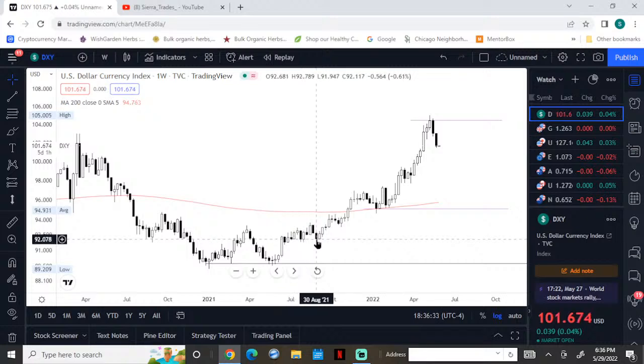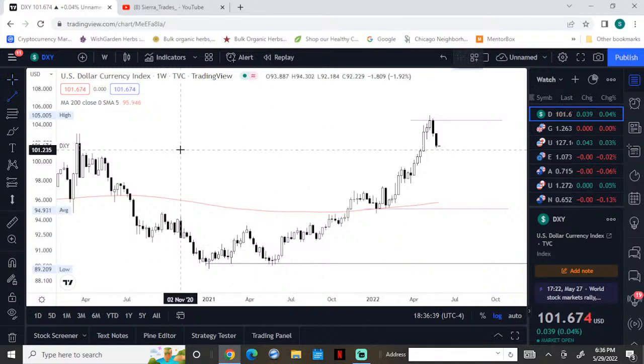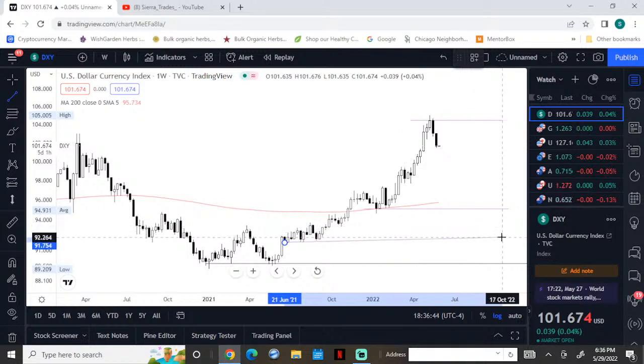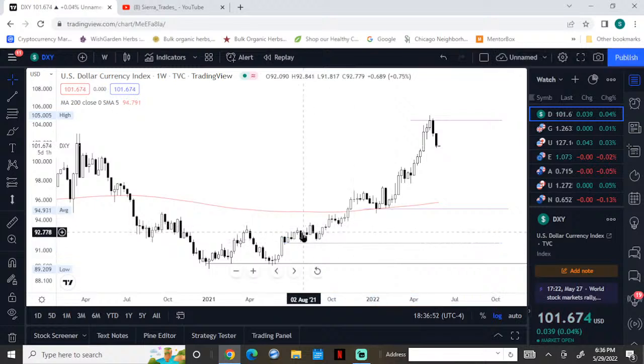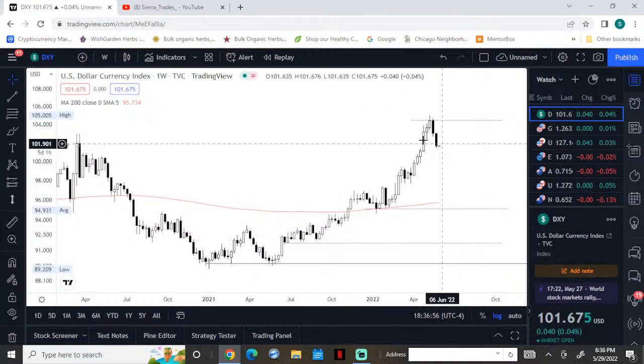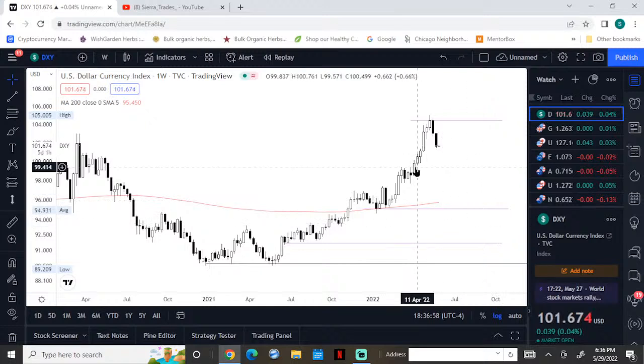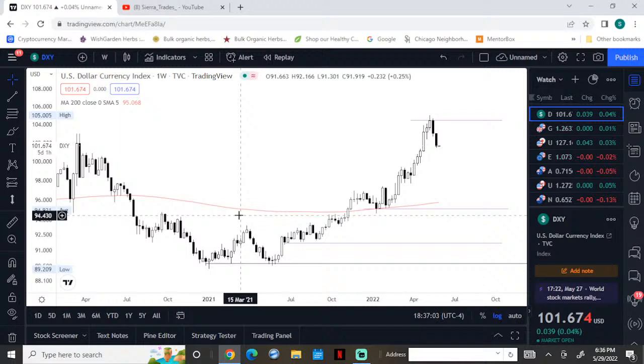And I'm going to mark this level right here because price consolidated right here for a little while, for weeks actually, because this is the weekly chart. So that would mean to me it would be significant in price, even though it didn't touch there since 2021. But these are all areas that price may come back down and fill eventually, but no time soon. Still think the dollar's on a buy.